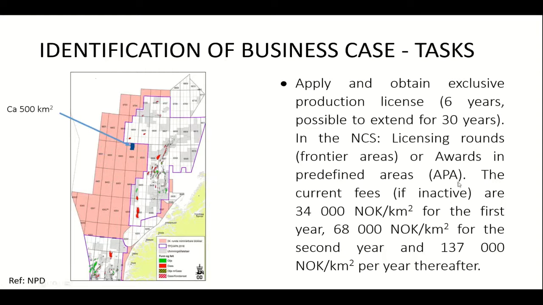For example, I think these numbers are from 2019, but for the first year, that's the price in Norwegian kroner per square kilometer, and they go increasing in the second and the third year. That's simply to encourage them, if they got the license but the company is not doing anything, to do something with the license.